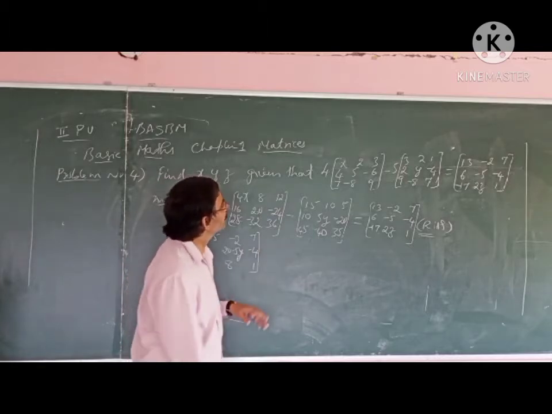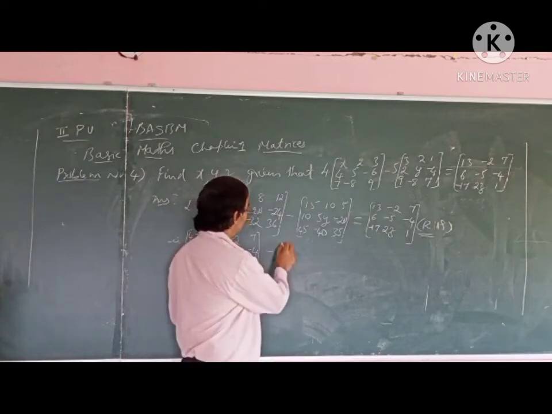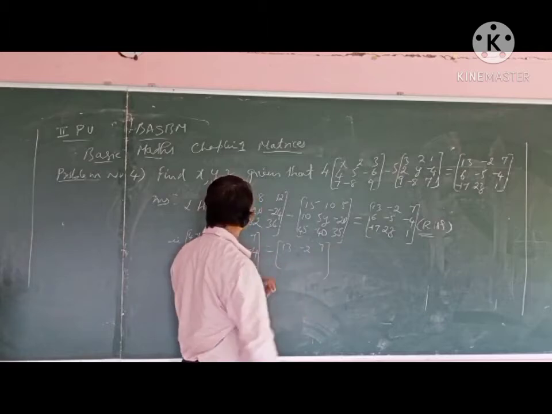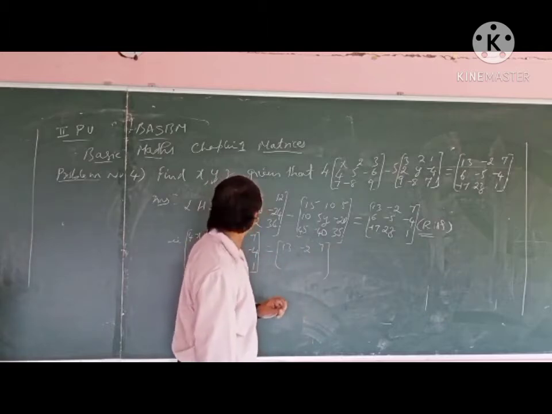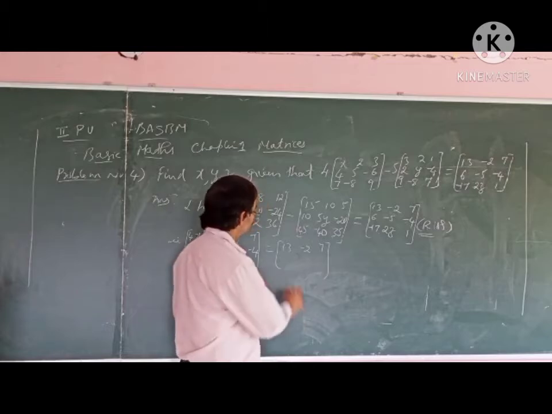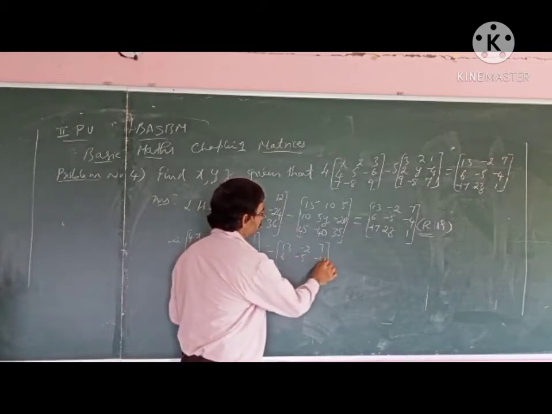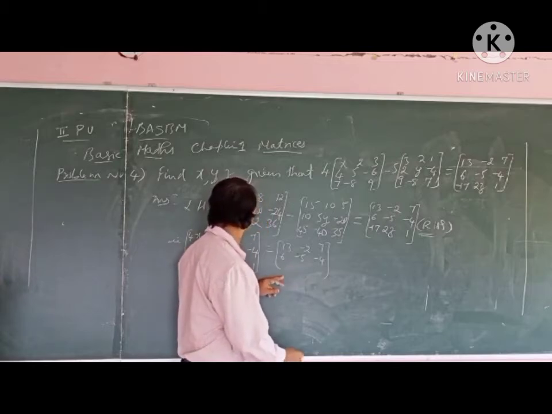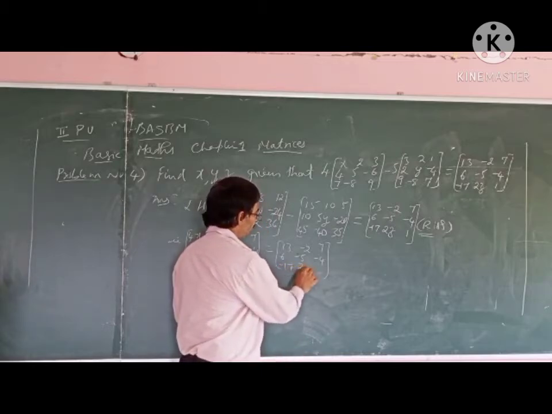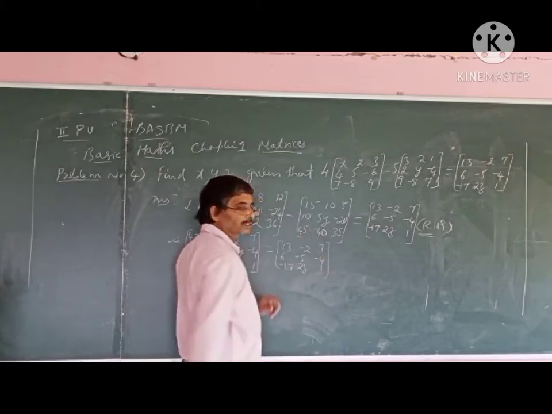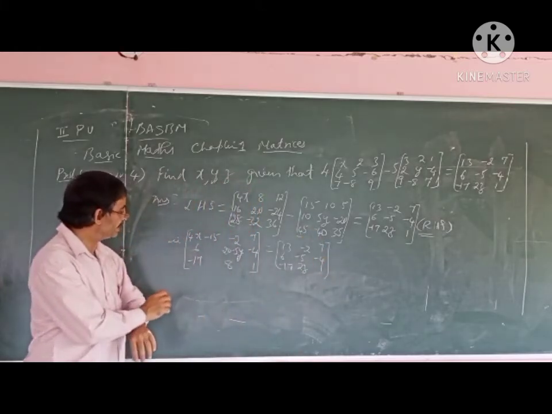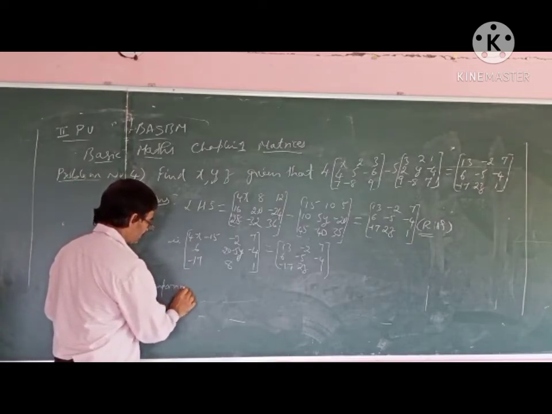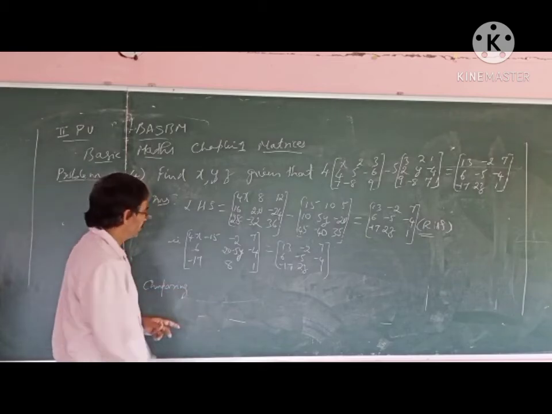Equal to the right hand side, given already: 13 minus 2 7, 6 minus 5 minus 4, minus 17 2z 1. Now compare the left hand side and right hand side. What do you get?